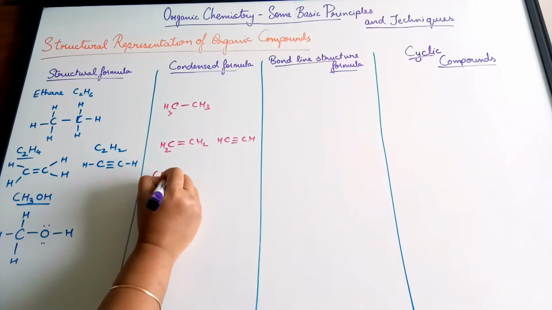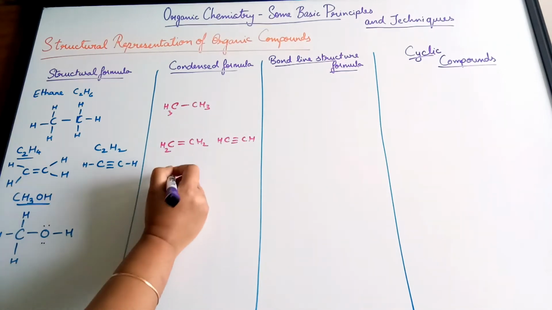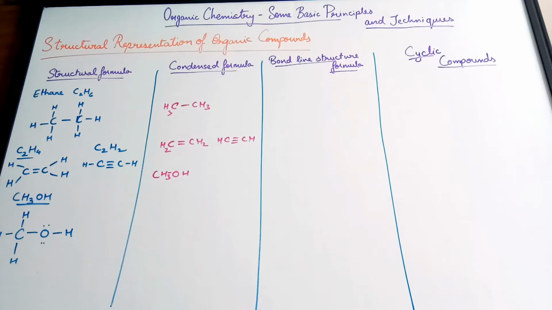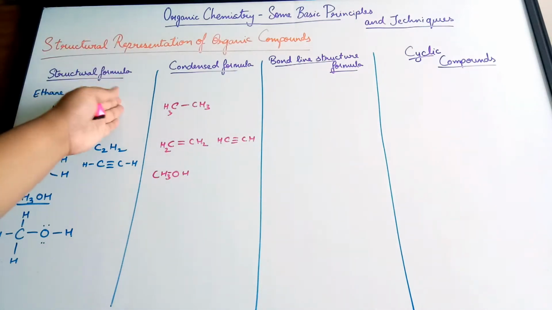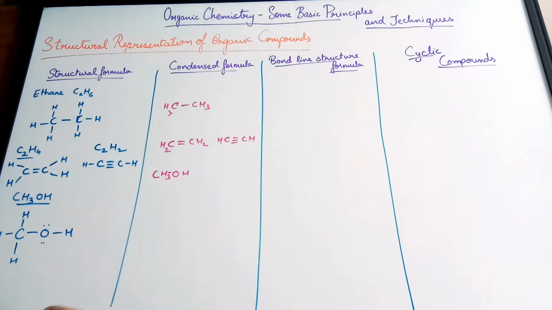Methanol is again CH3OH. Here we are not representing all the bonds, but we are condensing them, and we went from having such an open structure, which probably takes more time, to bringing it down to this.